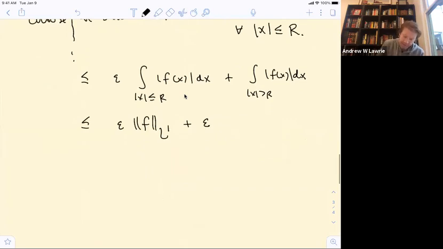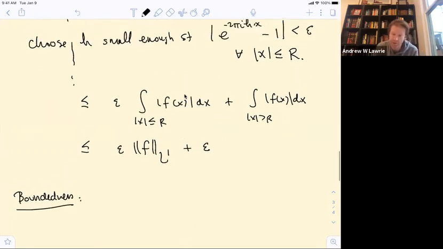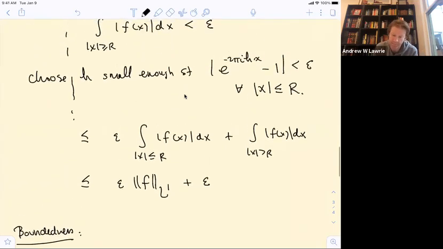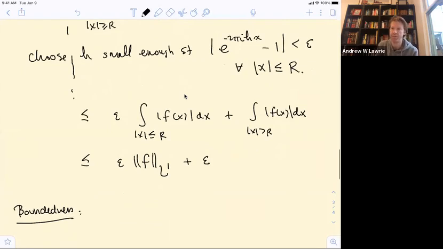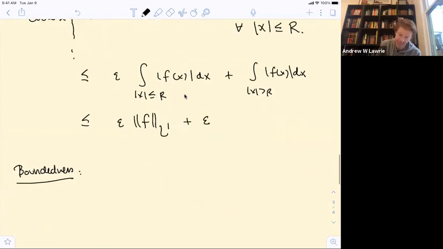And for boundedness, note that nothing in this argument depended on c, right? I can choose my h uniformly in c.